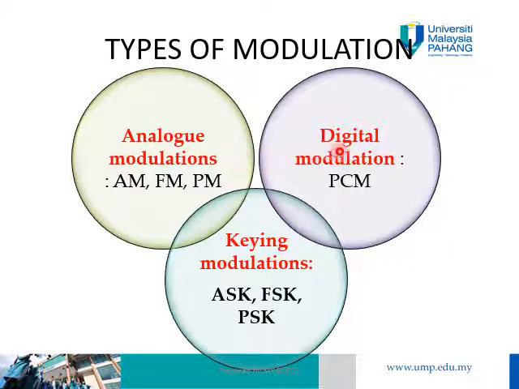We also have digital types of modulation, which is PCM, pulse code modulation, digital modulation. And another type is called keying modulations, which is ASK, FSK, and PSK. ASK is amplitude shift keying, FSK is frequency shift keying, and PSK is phase shift keying.